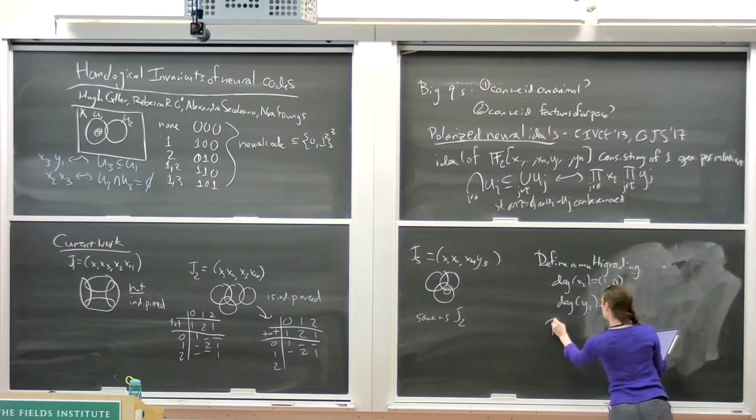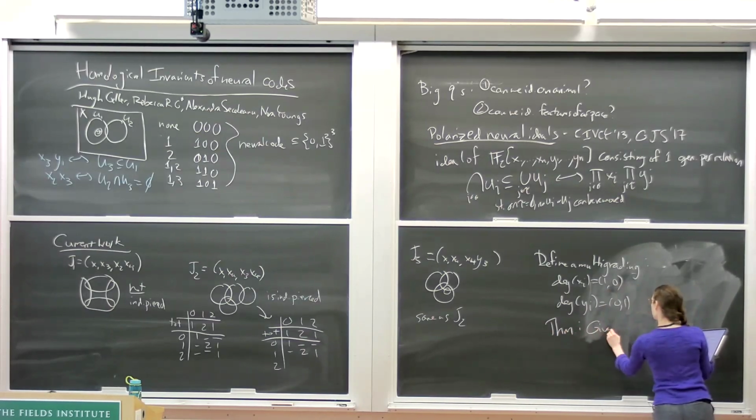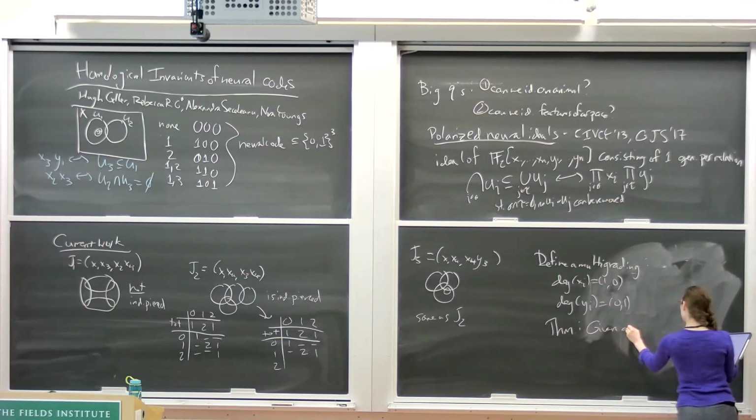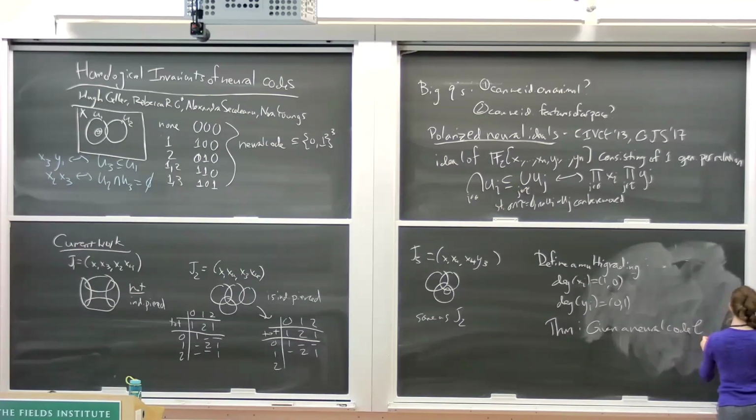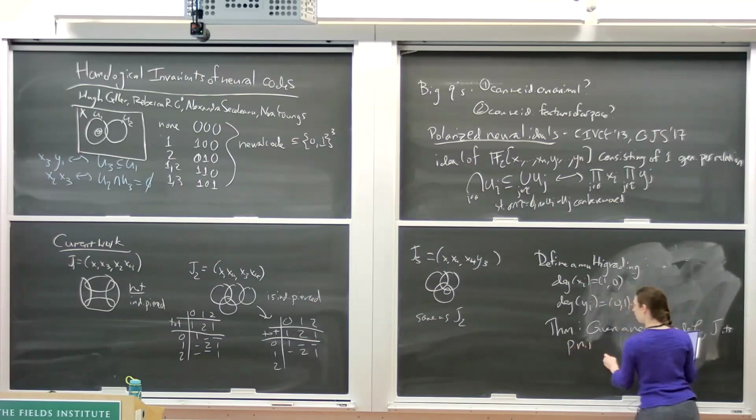So we have two main theorems. Given a neural code C and J its polarized neural ideal, I'm going to abbreviate that PNI.